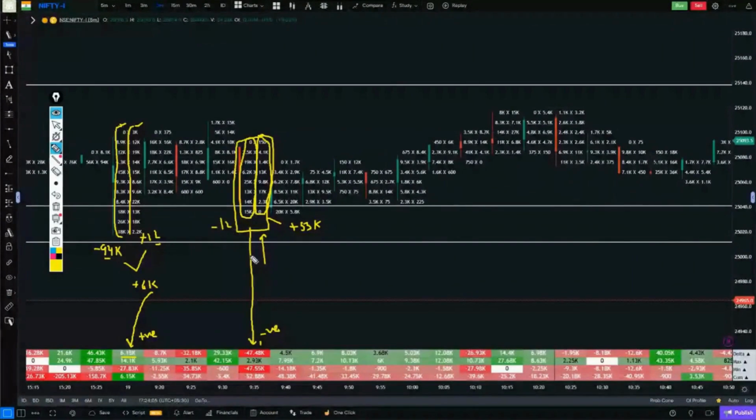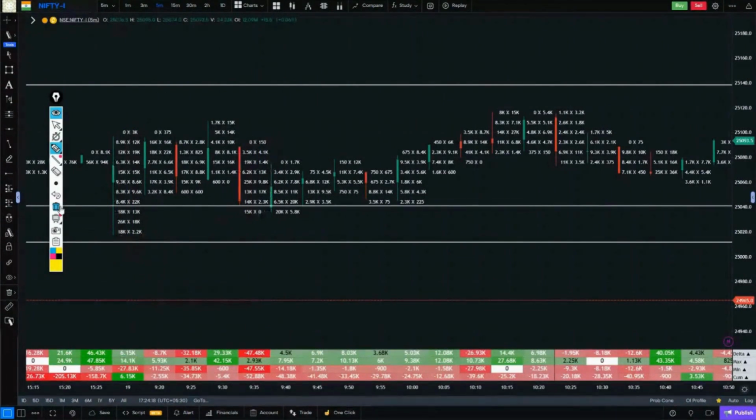Around 47,000. So, the same delta has told us this. Right now, this value is in the negative, so that means there are sellers here. That's how delta is formed, both on the positive side and the negative side. So now, how will this help us in reading the footprint?